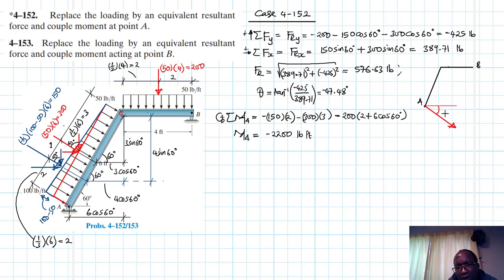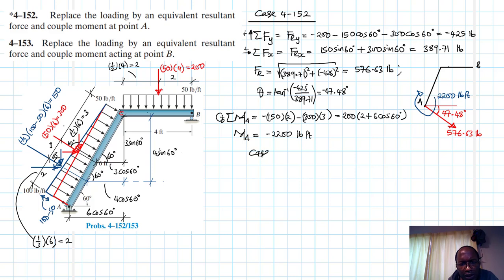So this one here is 47.48 degrees, and this one here is 576.63 pounds. And then we have a moment which is clockwise, and this is equal to 2,200 pounds feet. All right, let's go to case number 2.